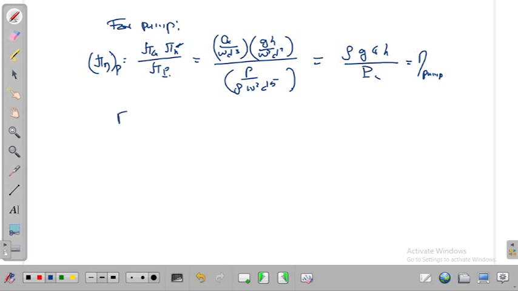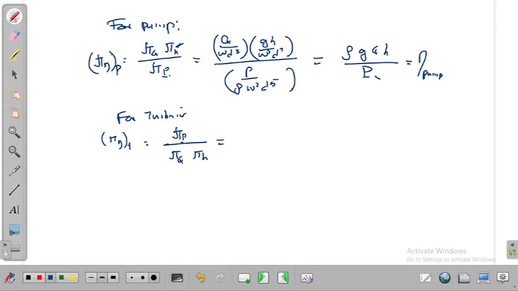And similarly for a turbine, if we look at the efficiency in terms of pi for a turbine, then this is a ratio of the power that is produced to the head and the flow contained within the fluid. So you can say it's pi for the power over the flow coefficient and the head coefficient.